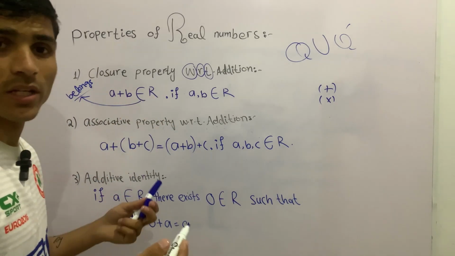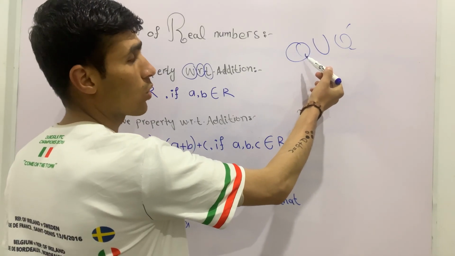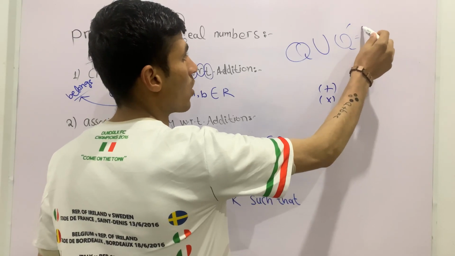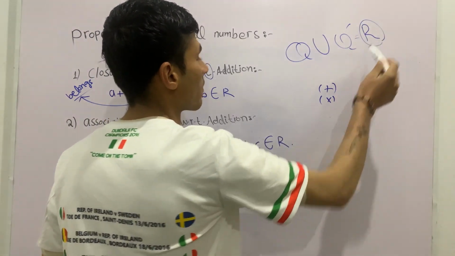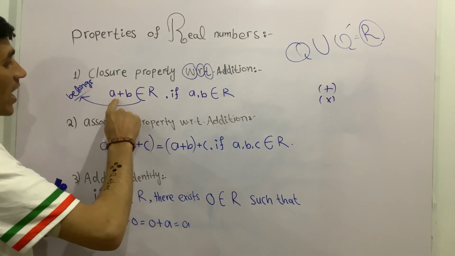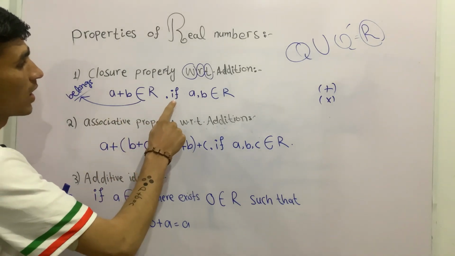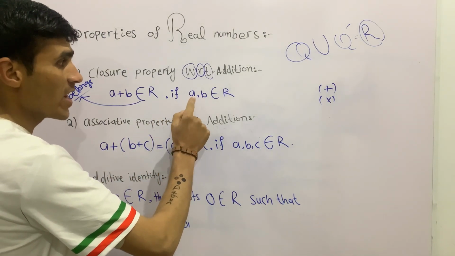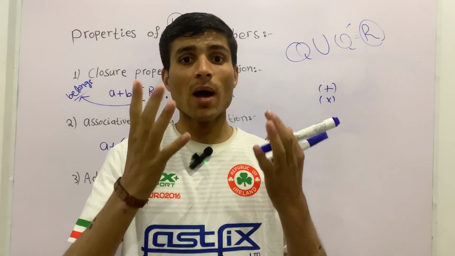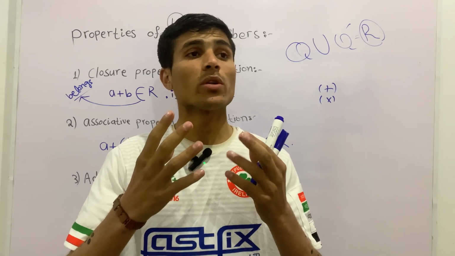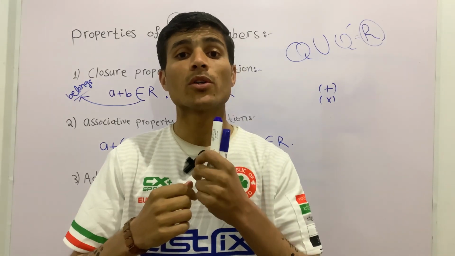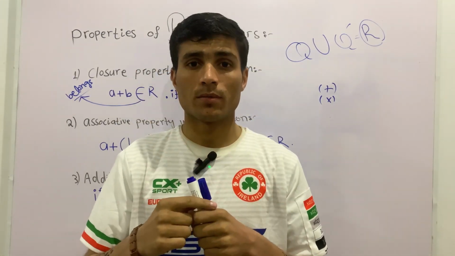R is the set of real numbers, rational numbers union irrational numbers equal to R. So in the closure property, A plus B belongs to R if A and B belong to R. This property says that the sum of two real numbers is again a real number.